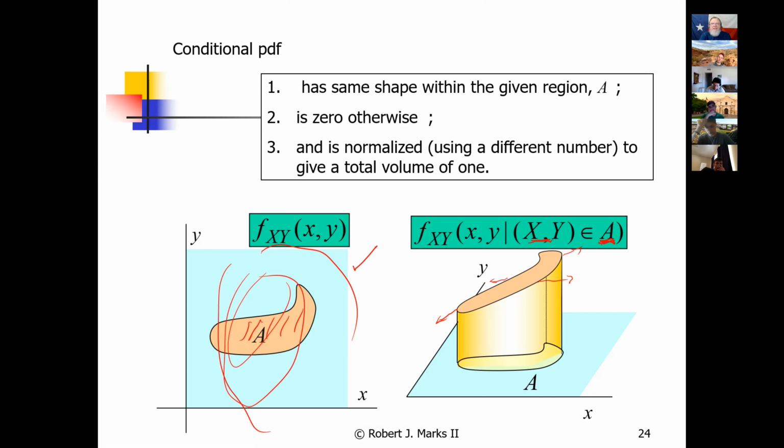The conditional has the same shape within the given region of A as the joint probability density function, and is 0 otherwise, and it's normalized. We have to multiply this thing by a constant so that its overall volume is 1. That's a requirement for it to be a probability density function. And a conditional probability density function has the same properties as a probability density function. It has to have a volume of 1. It has to be non-negative.